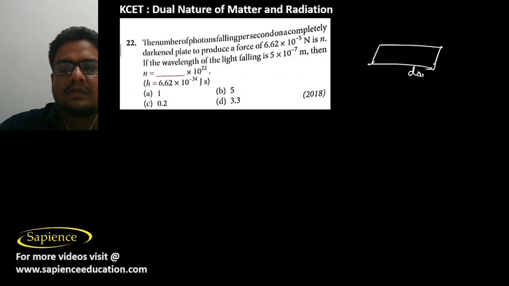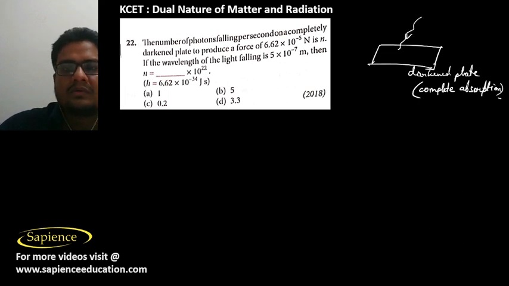So we have a completely darkened plate, and a purely darkened plate means there is complete absorption and no reflection. So all the photons are being absorbed. Let's say n is the number of photons falling per second. N photons are being absorbed by this darkened plate per second.